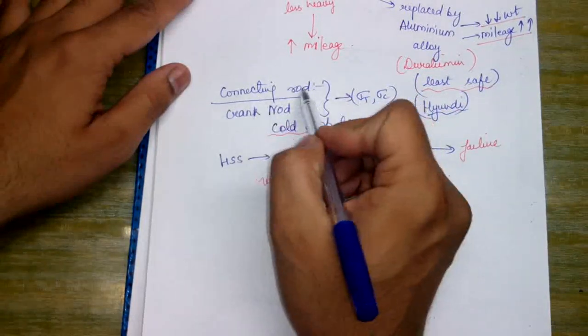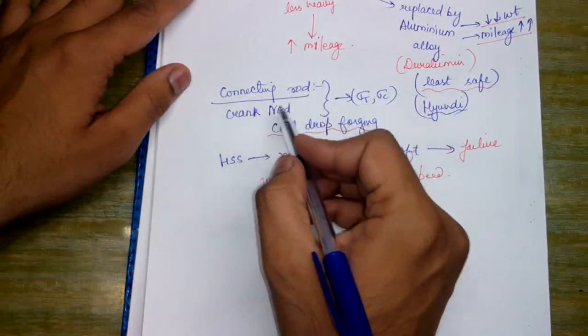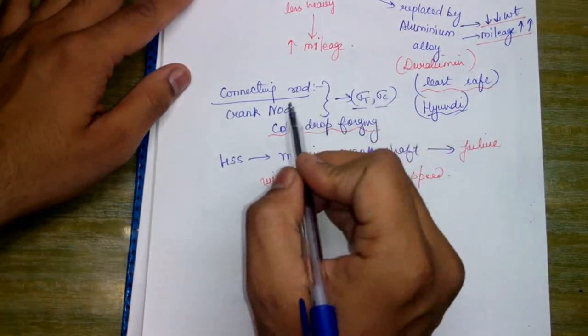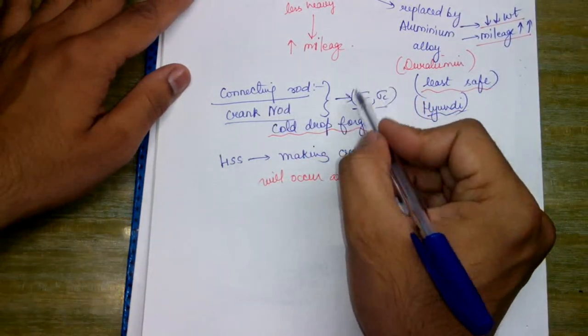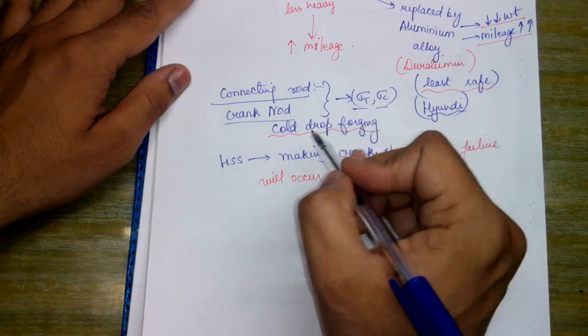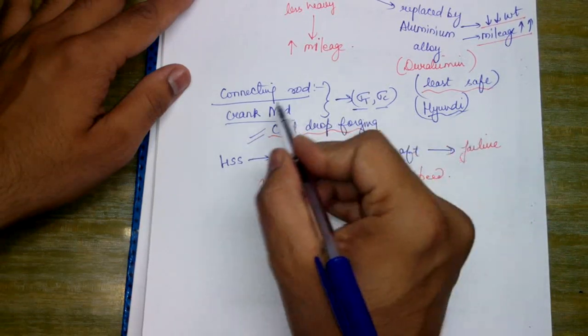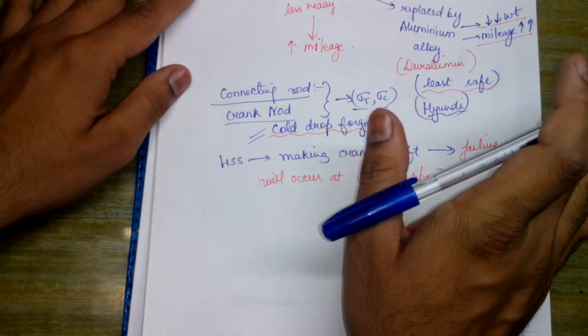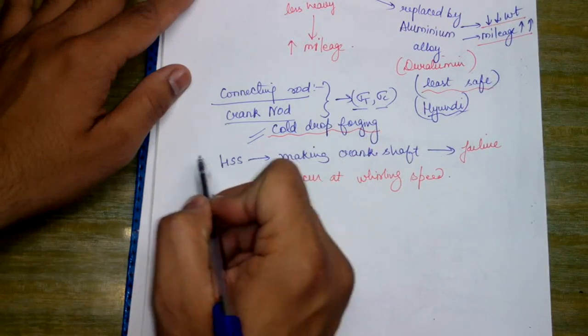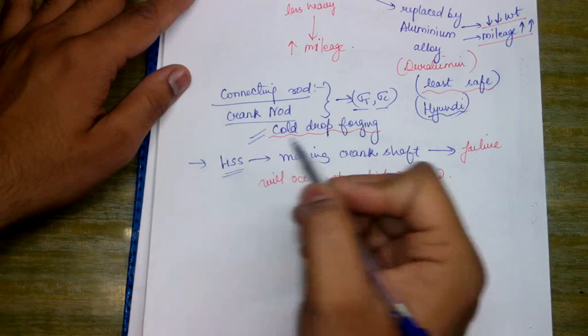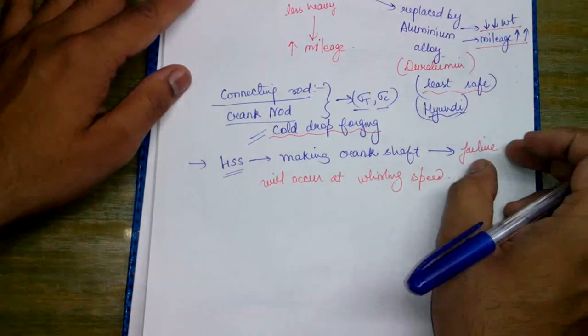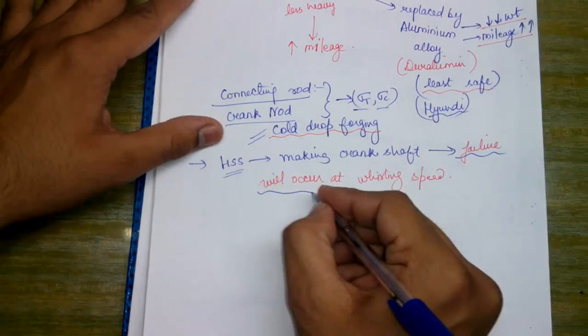और ये जो हमारा कनेक्टिंग रॉड था, connecting rod was subjected to both sigma tensile and sigma compressive, और सेम हमारा क्रैंक रॉड के साथ भी था। तो क्योंकि यहां पर भी हमारा साइक्लिक रिवर्सल लोडिंग आ रही, तो this will be also formed by cold drop forging. Okay, और अगर हम बात करें हमारी जो क्रैंक शाफ्ट है, it is made up of high speed steel, और उसका मेन फेलियर कहां हो सकता है?